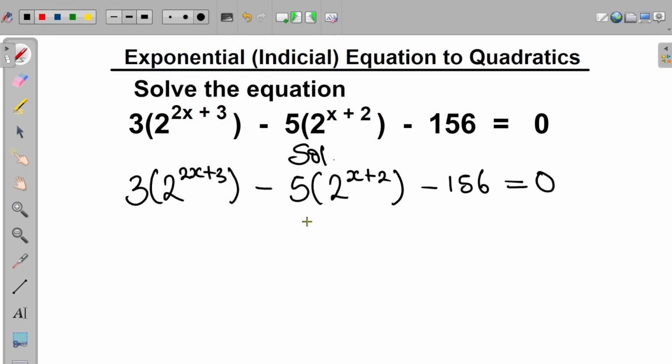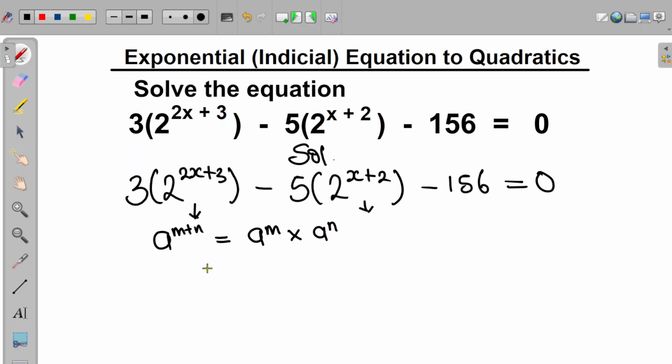Now at this point, we can apply the multiplication law of indices to simplify the expression. We know that from the law, if we have a to the power of m plus n, this can be expressed as a to the power of m multiplied by a to the power of n.